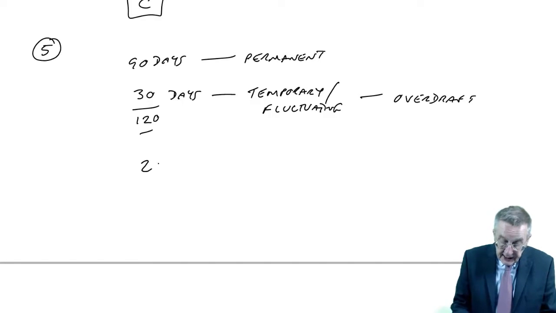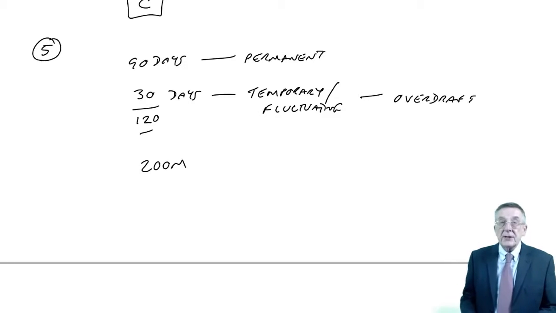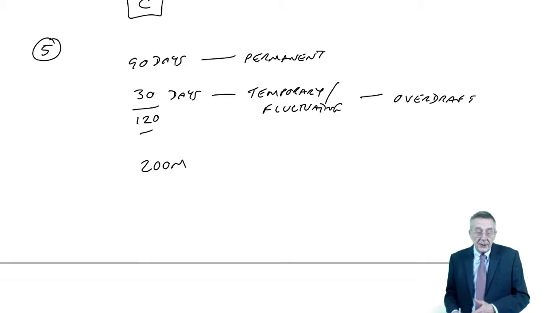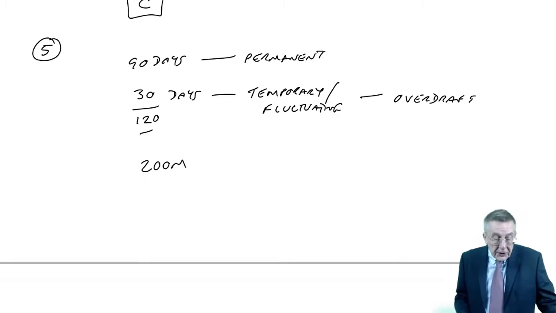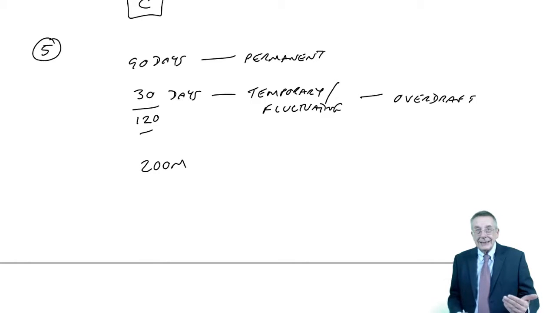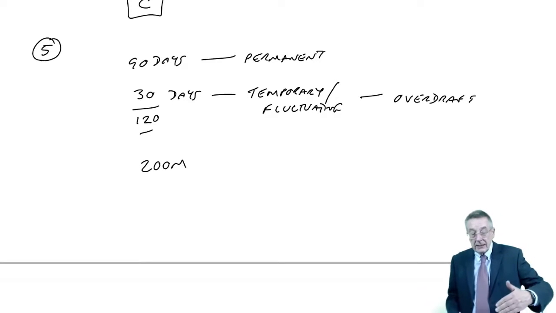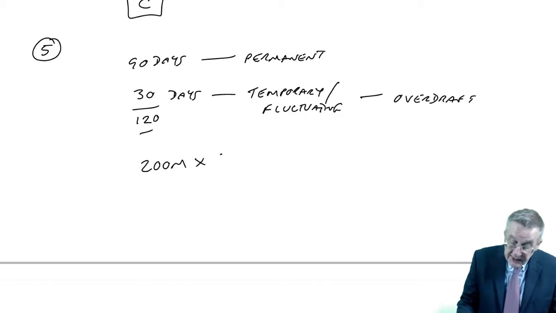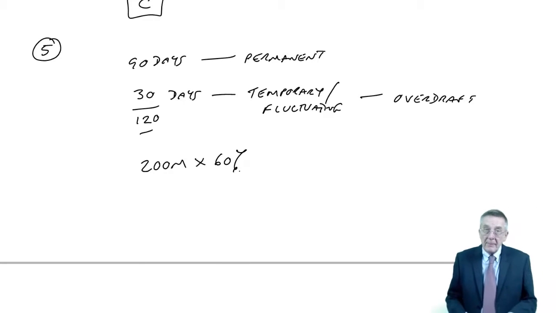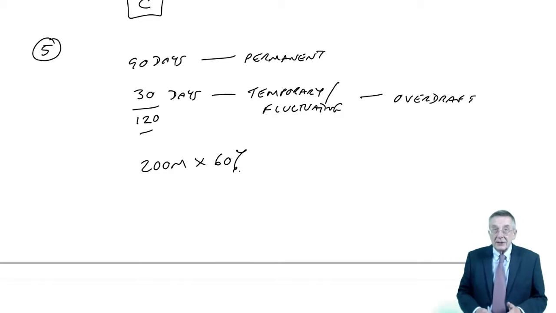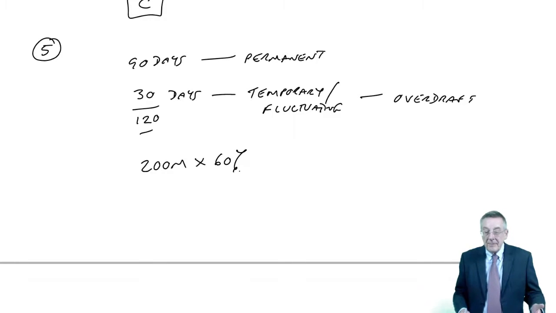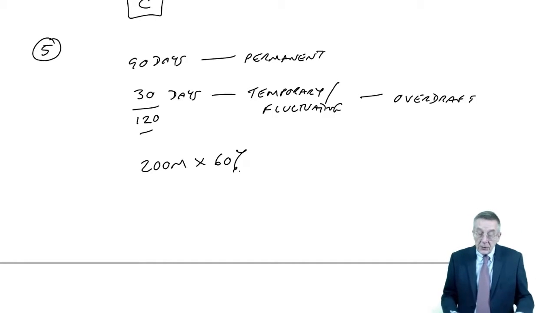We know what the total sales are a year, but of course inventory is valued at cost. Well, if the gross profit is 40%, sales less the cost must be 60%. So that's the cost of our sales for the year. We want to cover 30 days worth.